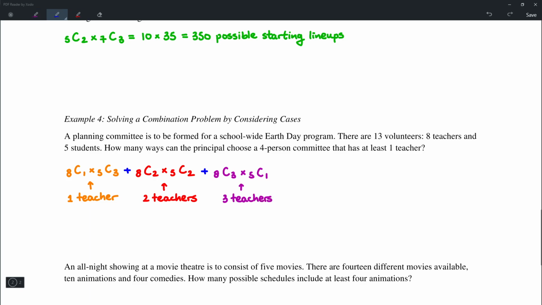And finally, all 4 committee members can be teachers. So we have 8 choose 4 times 5 choose 0.